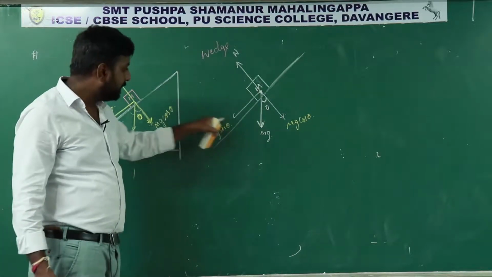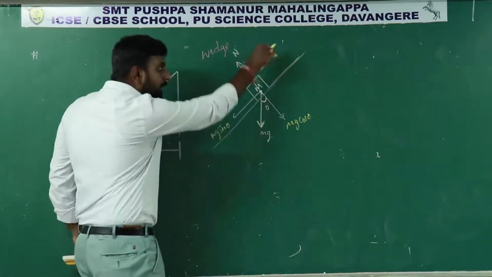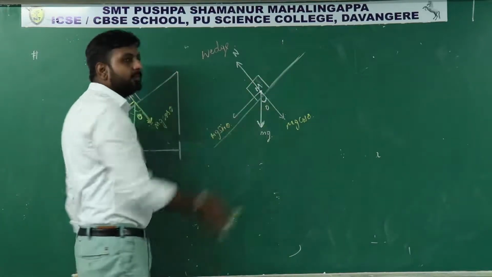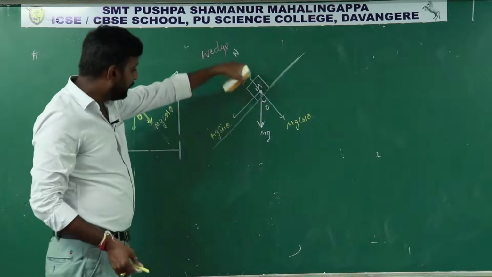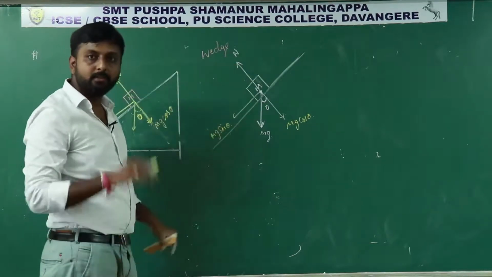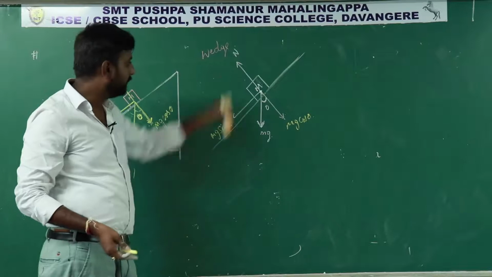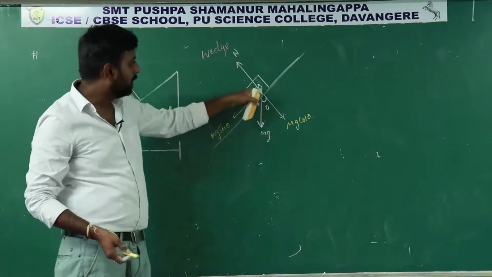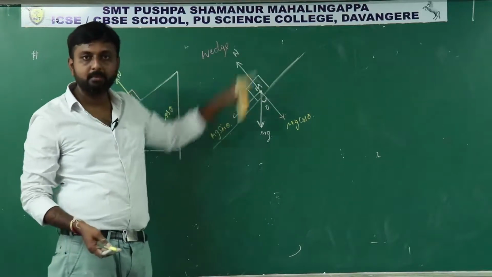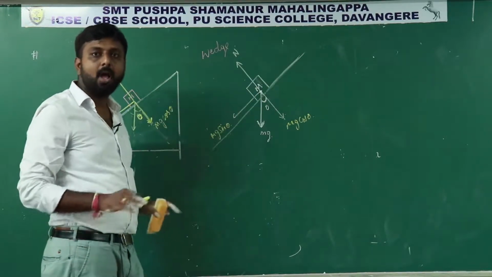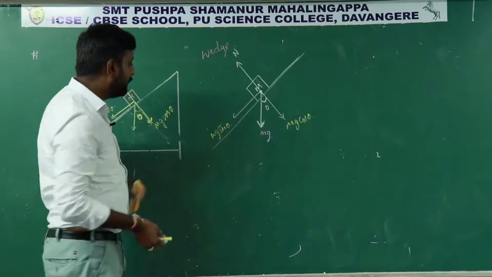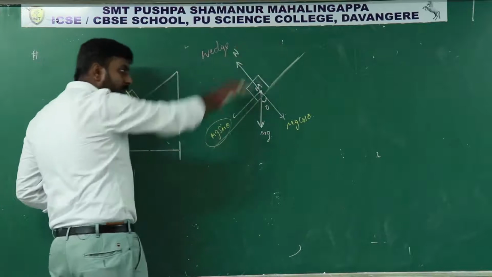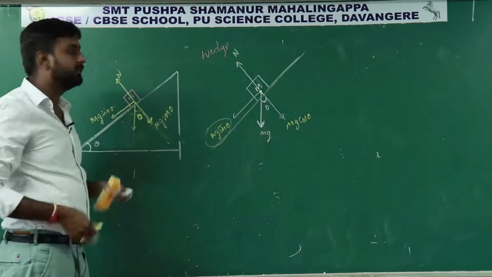But to balance mg sin theta, is there any force in the opposite direction? Definitely no force is there. Hence mg sin theta acts downwards as an unbalanced force. Why? Because no other force acts in the opposite direction. Unbalanced force always creates motion. So here the mg sin theta force is responsible for the block sliding downwards.